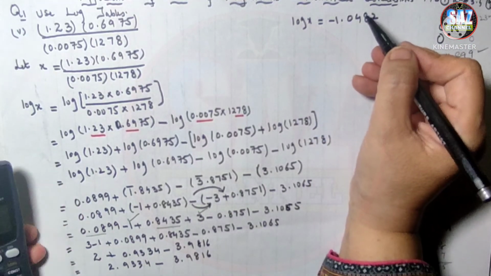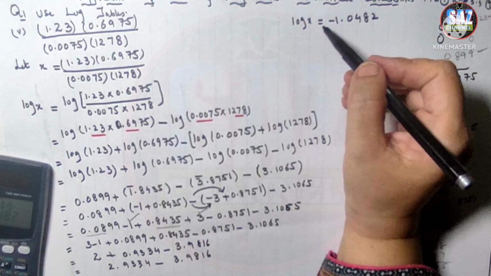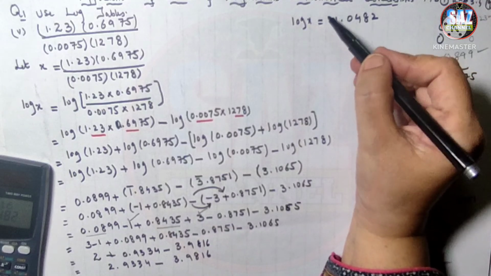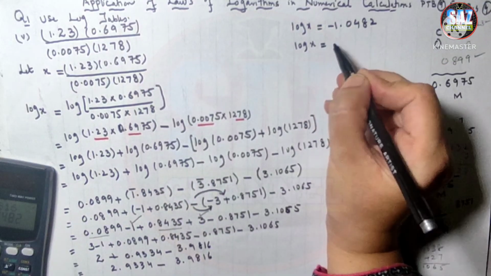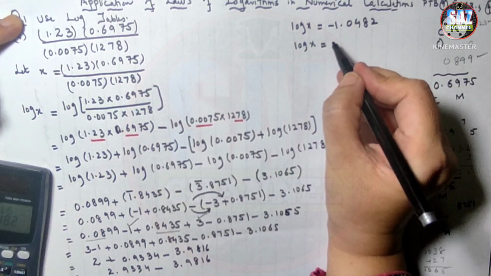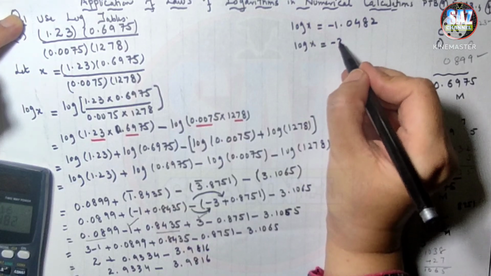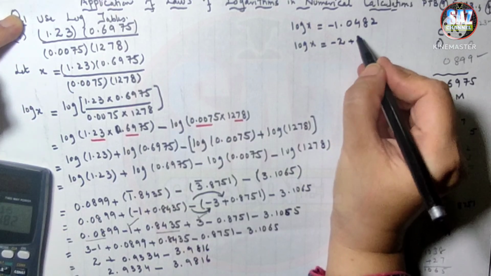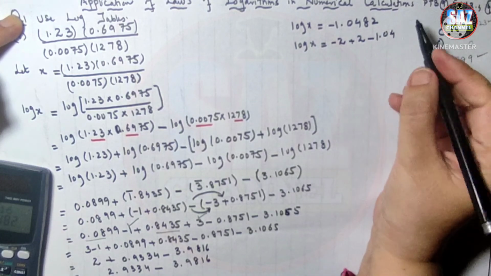Okay, again here at this stage we are getting the answer of log of x minus 1.0482. I have to add and subtract a whole number like 2, add and subtract. So minus 2 plus 2 minus 1.0482.